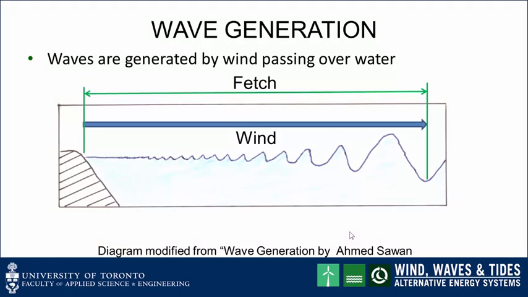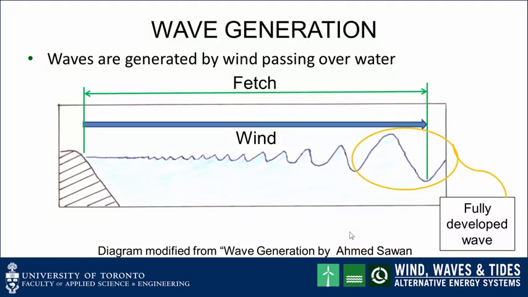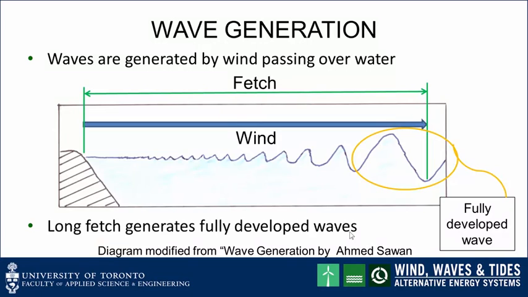Eventually the wave formation processes are balanced by wave dissipation, energy dissipation mechanisms, and the wave reaches a fully developed state. Okay, so the right hand side of this, we could say, represents the fully developed state, and at that point the wave does not grow any further. So we can say that a long fetch and a long duration wind can generate fully developed waves. In practice, this rarely happens.